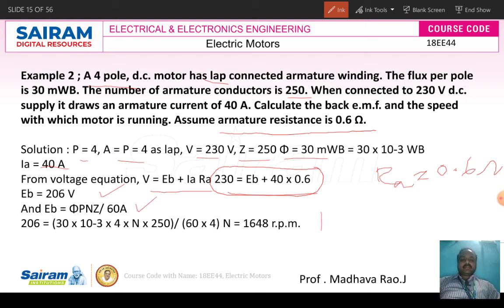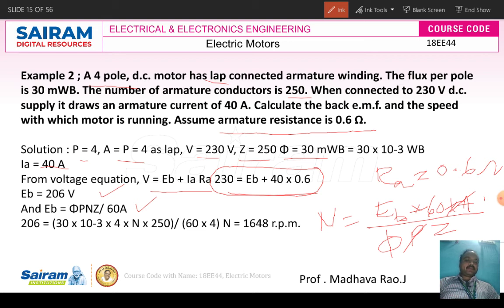From that, the speed N is equal to EB into 60 A divided by phi P Z. A and P will get cancelled, since for lap winding A equals P. So N is EB into 60 by phi into Z. Simply substitute and simplify.